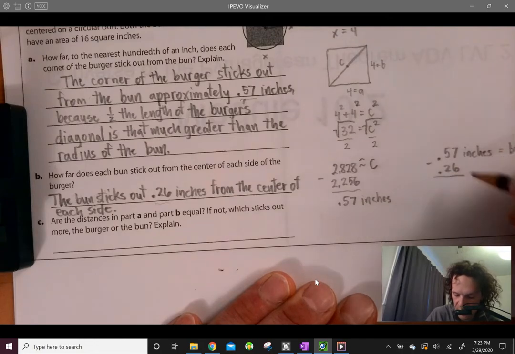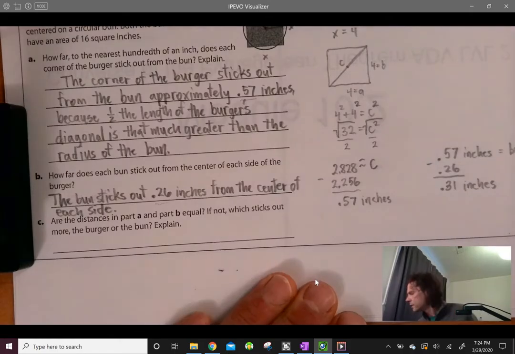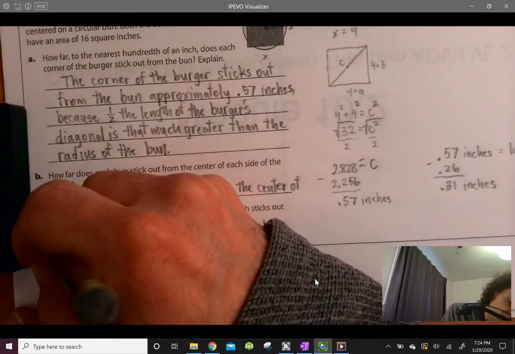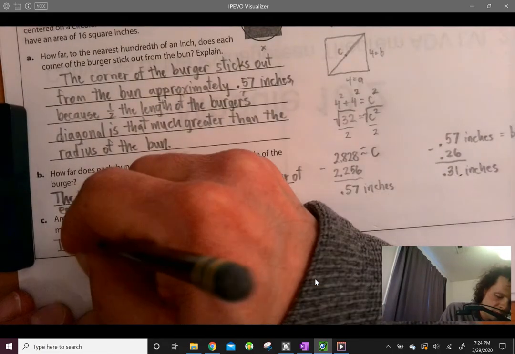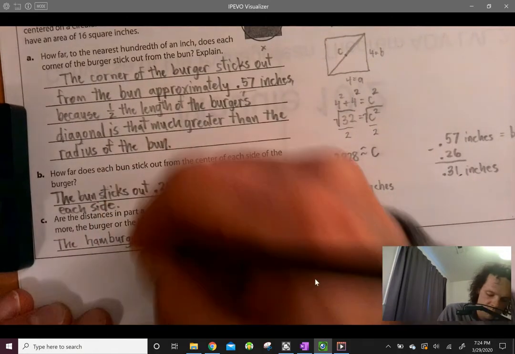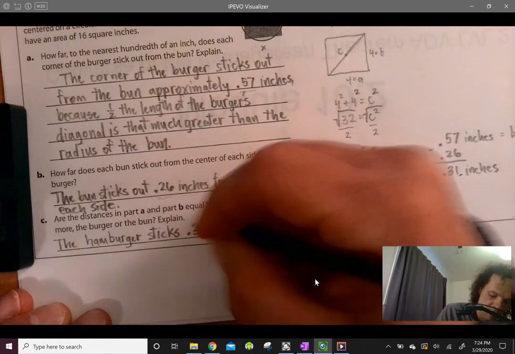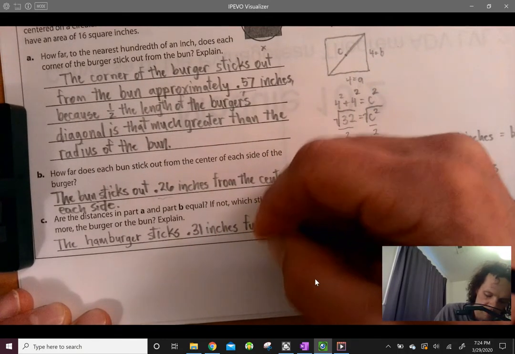I'm going to find the difference between those two, and I find that 0.31 inches is the difference between them. So the square hamburger sticks out 0.31 inches further from the center.